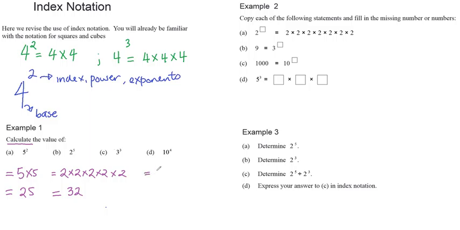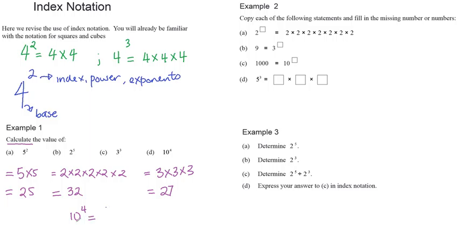That one is not too bad. It's really 3 times 3 times 3, which, if I calculate that, I should get an answer of 27. And the last one, which I'm going to do right below here, is 10 to the 4th power. What does that one mean?